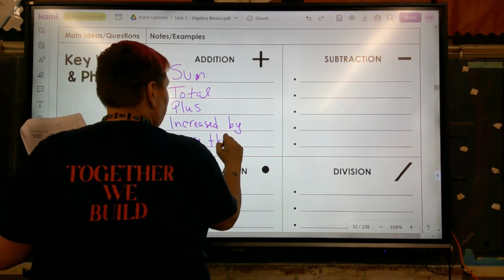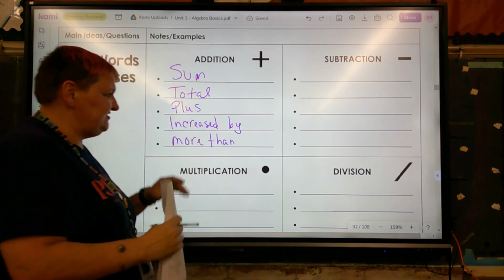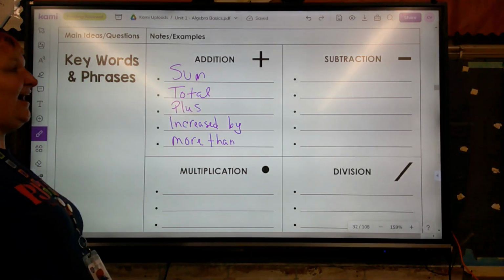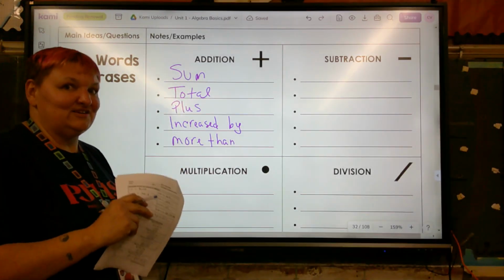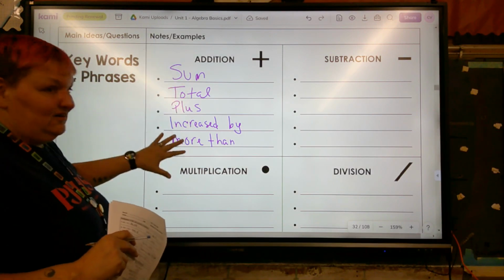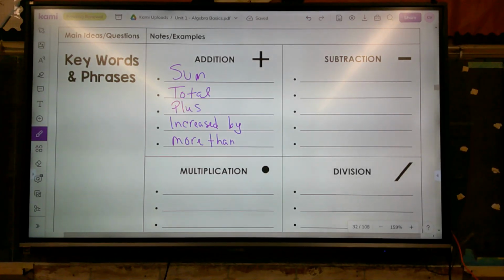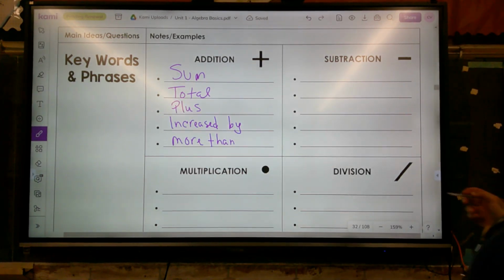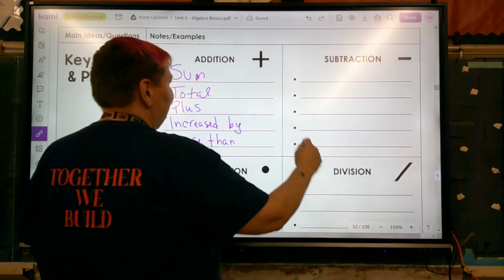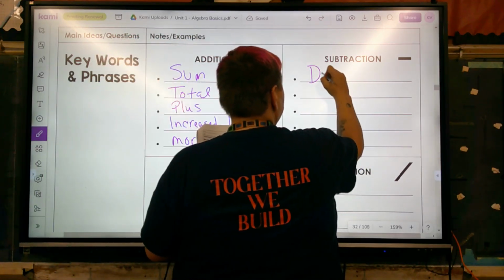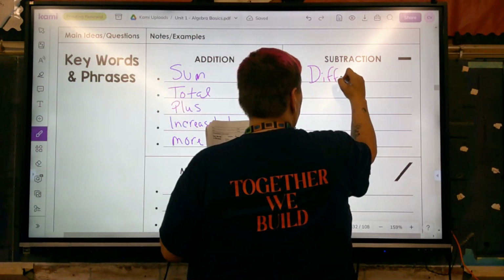If you see any of these keywords or phrases, they're probably asking you to combine or add stuff together.